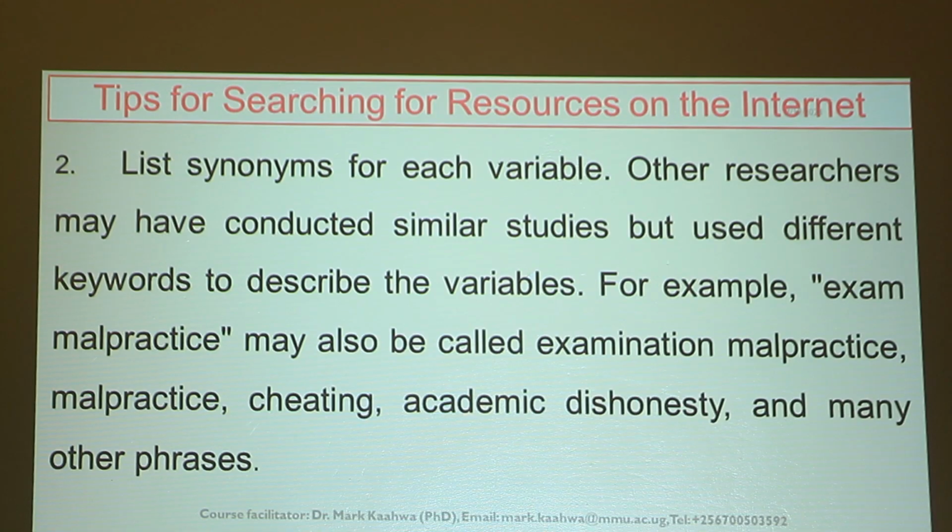So that's what we say, that once you have conceptualized your study very well, you have identified the different variables, and then for each variable, you need to find a synonym. A synonym is a word that is the same as the word that you are using.